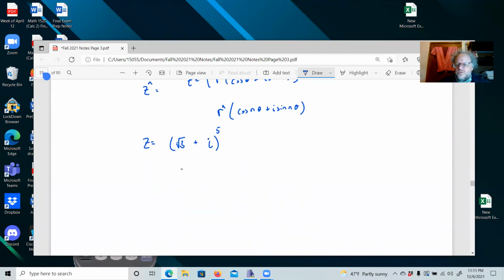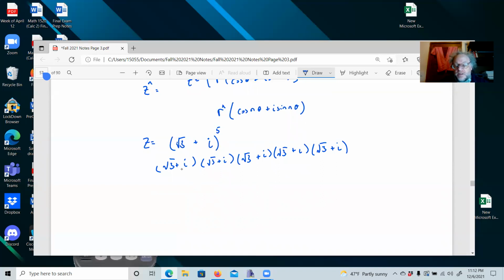So there's 2 ways to do this. One way is we could say square root of 3 plus i times the square root of 3 plus i times the square root of 3 plus i times the square root of 3 plus i times the square root of 3 plus i. And then you get to FOIL all of this out.